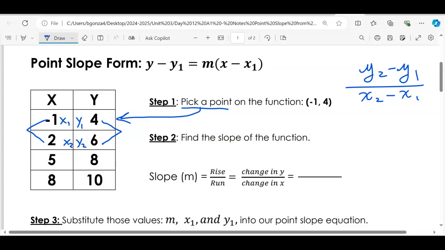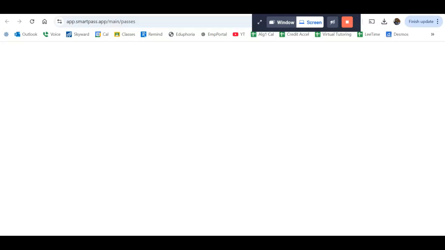So bottom minus top, so 6 minus 4 on top over 2 minus -1 on the bottom. Can you reduce that, simplify that? Either do it mentally or, my preference, use Desmos to help you make sure you have the right stuff, okay?